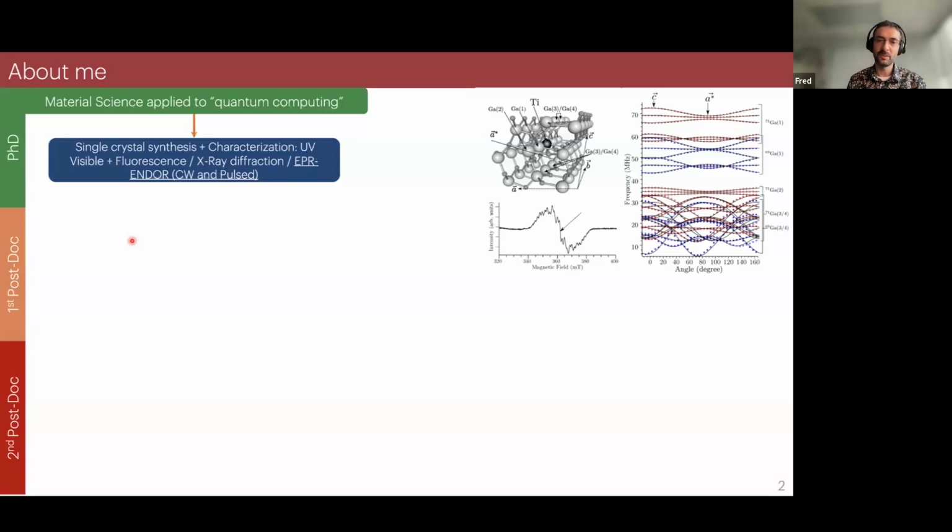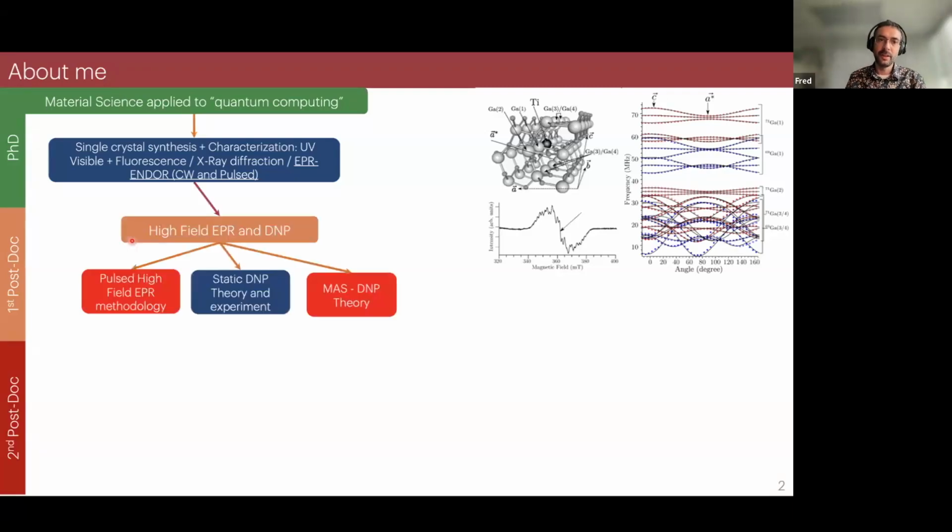In particular, we looked at titanium doped gallium oxide, understanding how the quadrupolar interaction works and how the relaxation times work in this system, with the idea of quantum computing. So this is basically something called a spin bus.